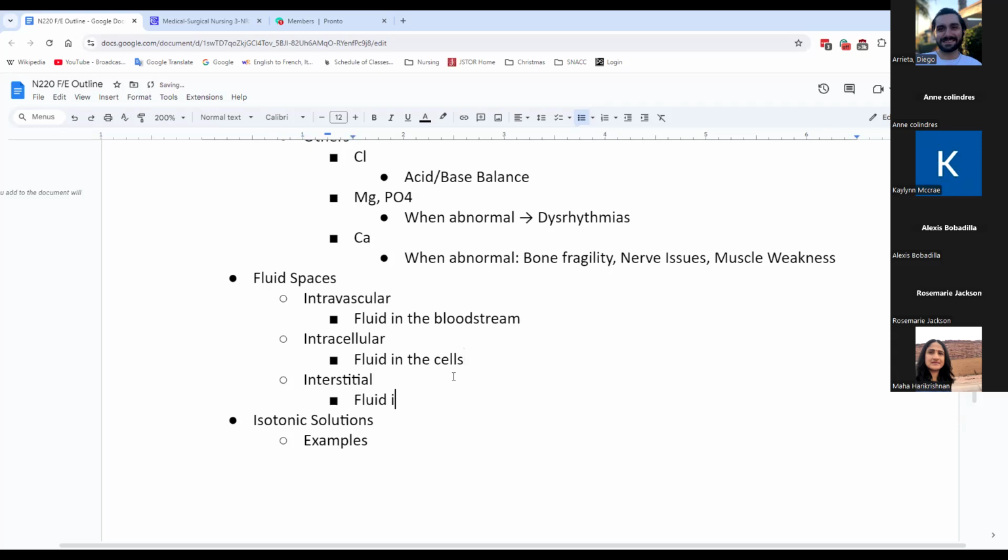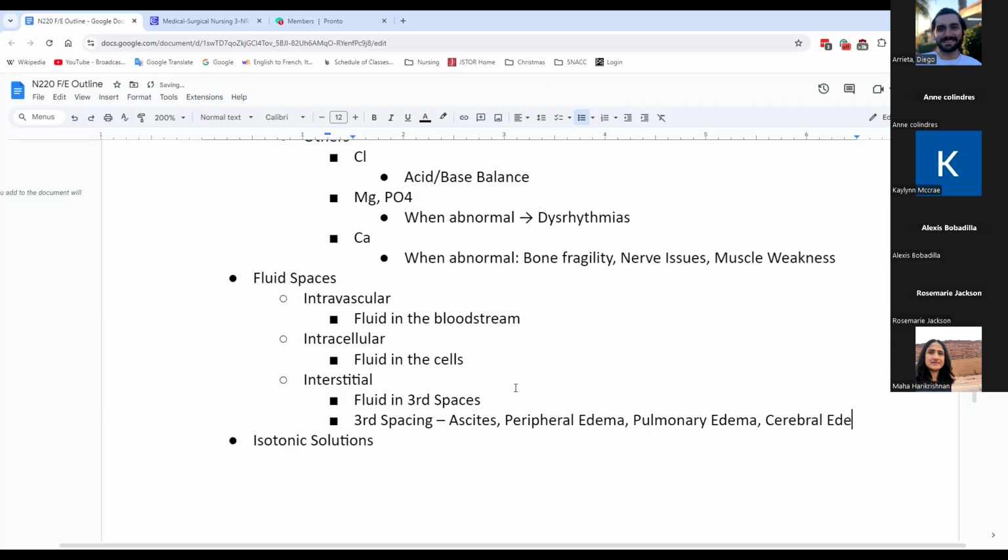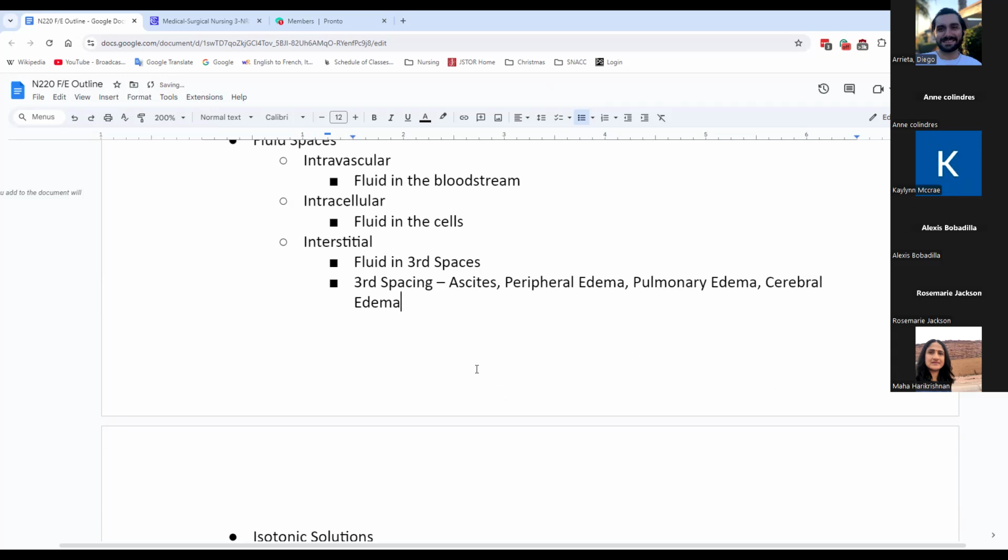And this is just fluid in third spaces. So in between the cells and the intravascular. This is where you'll get your third spacing, when you have fluid in your abdomen, ascites, peripheral edema, pulmonary edema, cerebral edema, all the edemas and the ascites.